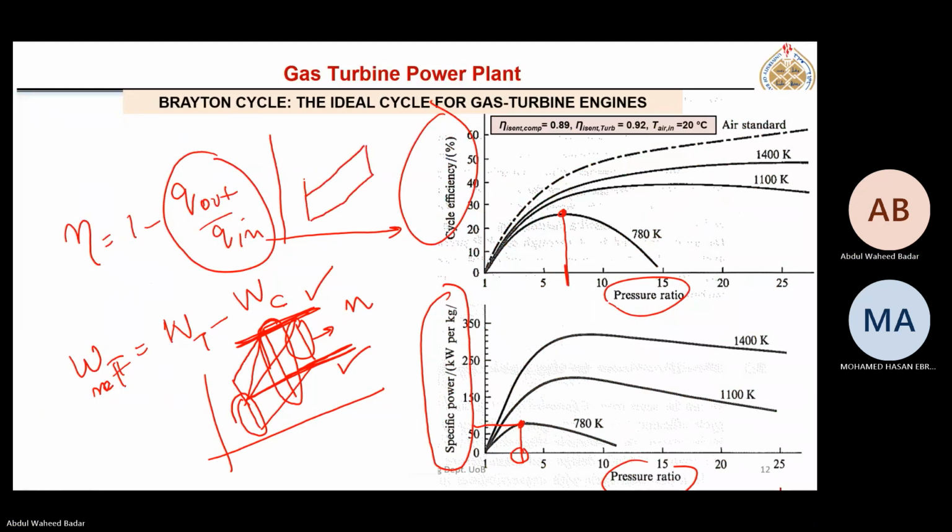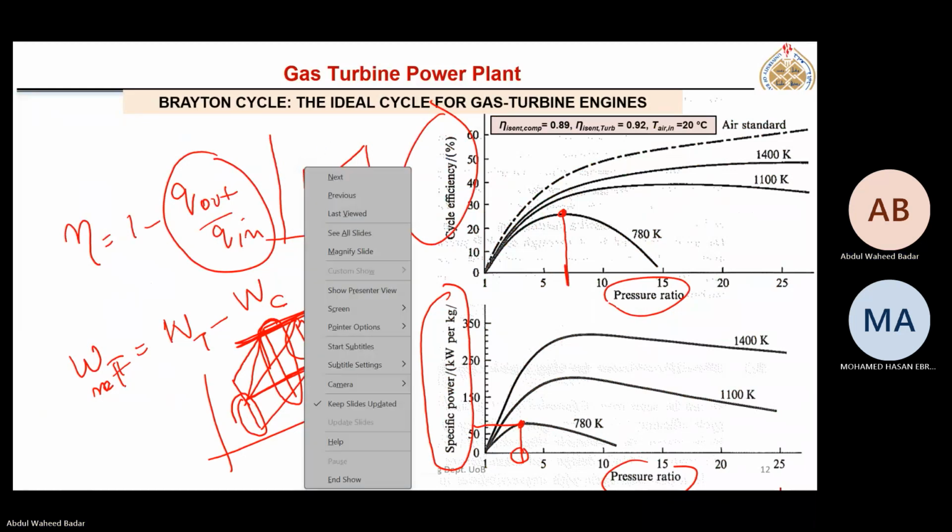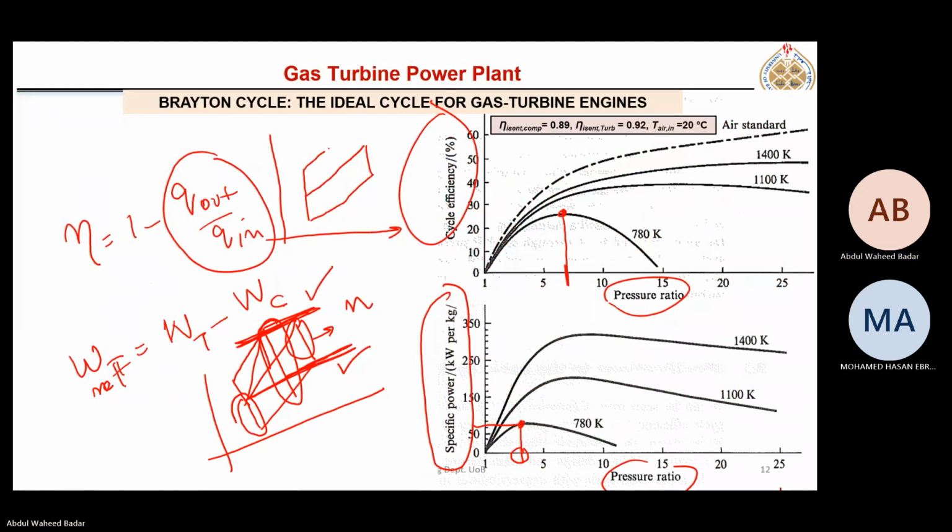If I use higher pressure ratio, efficiency increases. Why? Because this difference is increased. But what about work ratio? Look, turbine work is increased, but at the same time, compressor work is also increasing. So that's why the peak doesn't match for both, because they are different terms.